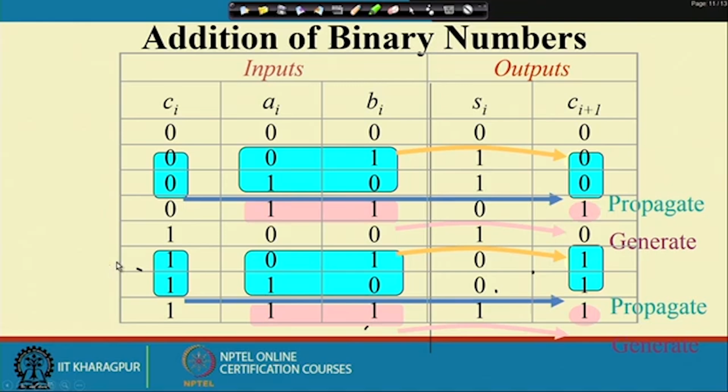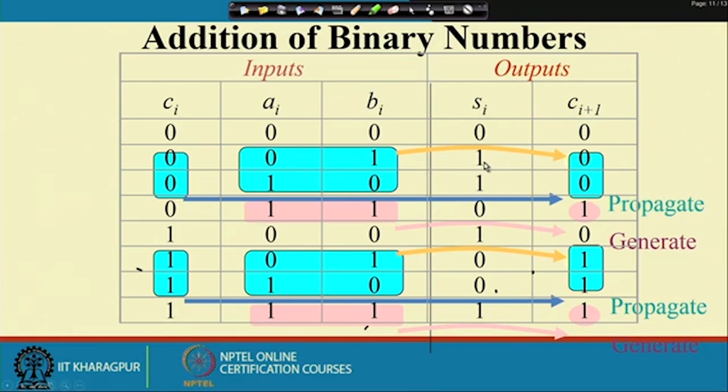So, for carry generation, the logic is A and B, Ai into Bi. For propagation, what is that? For 0 1 and 1 0, the logic is A XOR B. That means for both the cases the sum is 1.